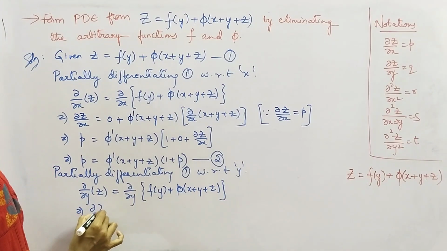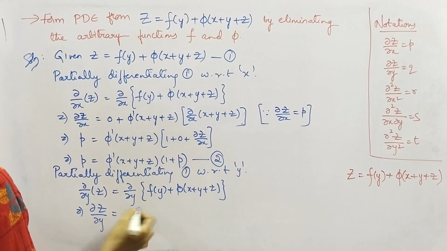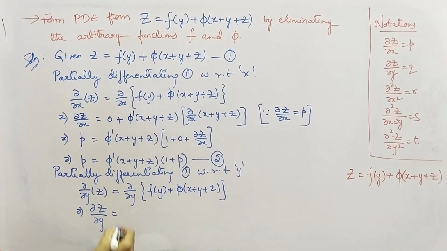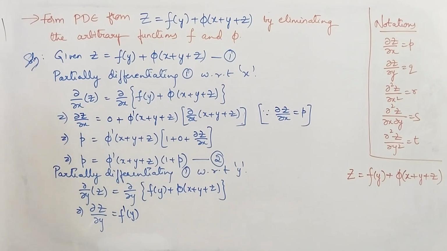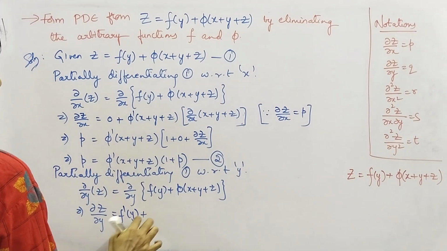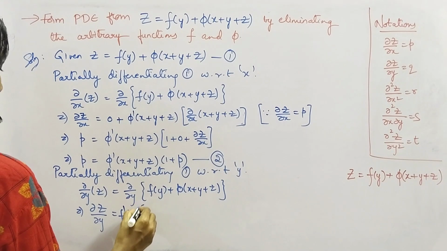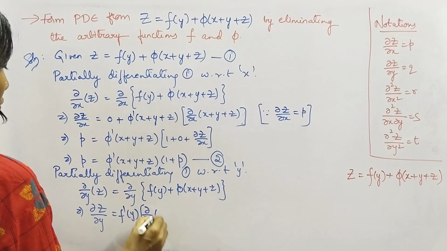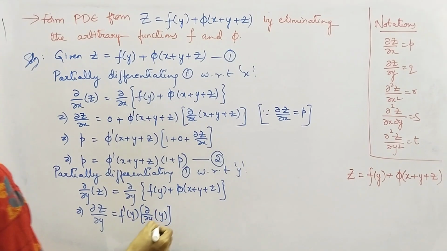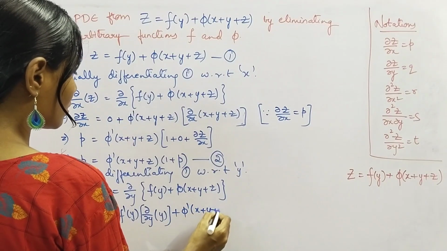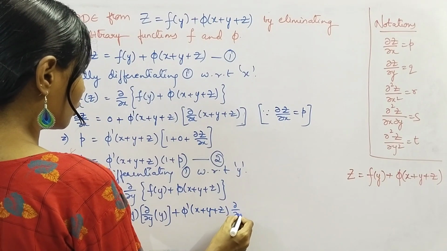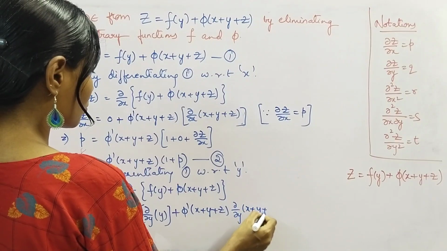This gives us dou z by dou y equal to partial derivative of f of y with respect to y is f dash of y. Here we are partially differentiating with respect to y, so we will treat x as constant, plus here you will get inner derivative, that is dou by dou y of this y, okay, plus partial derivative of phi of x plus y plus z with respect to y is phi dash of x plus y plus z into inner derivative dou by dou y of x plus y plus z, right?